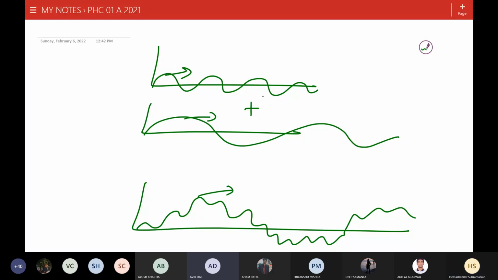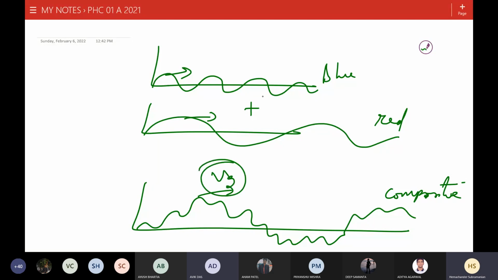This is blue light and this is red light and this is a composite, this is white light. This velocity would be different. This is Vg. So the velocity of white light inside a glass is the group velocity.